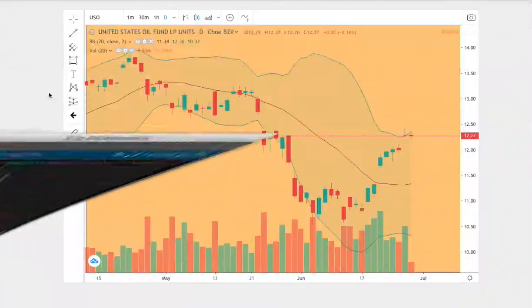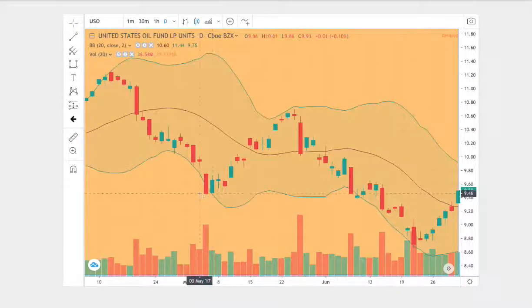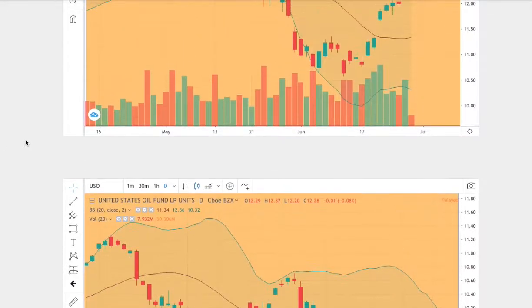Onto the next module, I'll compare today's current trend right here with this trend that dated back to April 5th, 2017 to June 30th, 2017. I'll point out why these two charts are similar.